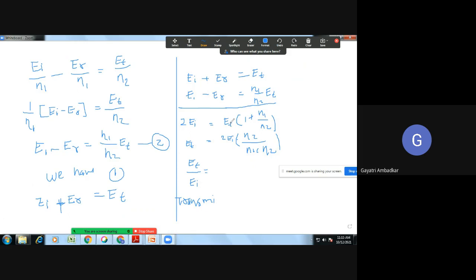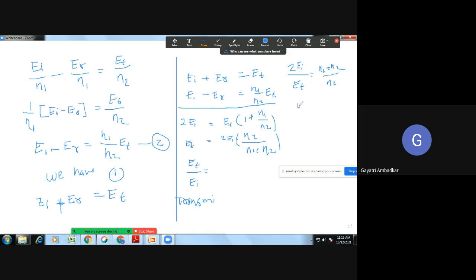Et is transmitted. You can add one more step here. This is Ei. Let's say 2 Ei divided by Et is equal to what? Just solve this bracket. Eta 1 plus eta 2 upon eta 2. Now what will be this ratio?